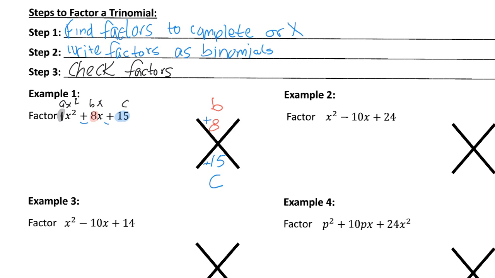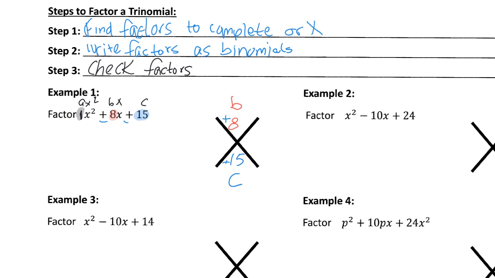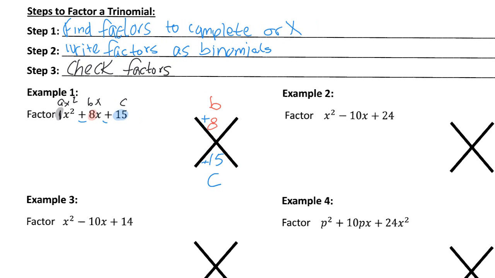So now we want to find numbers or factors of 15 that add up to 8. Let me say that again. We want to find factors of these that add to this. So that means I'm going to think of factors of 15.